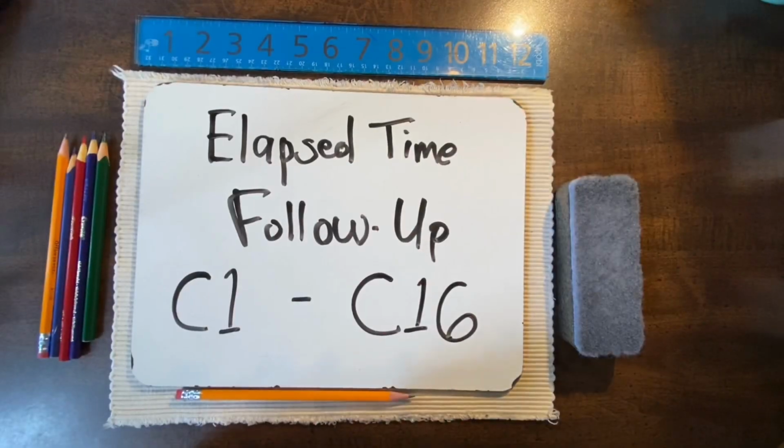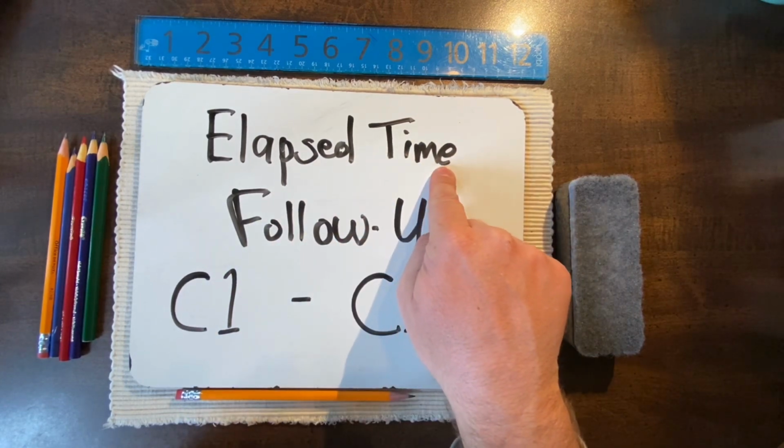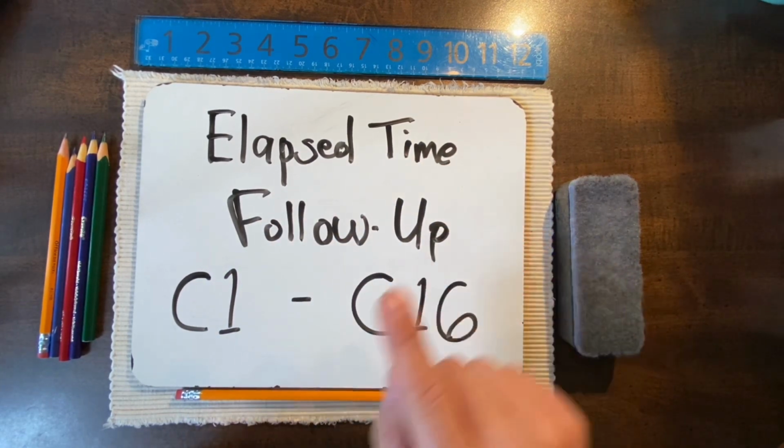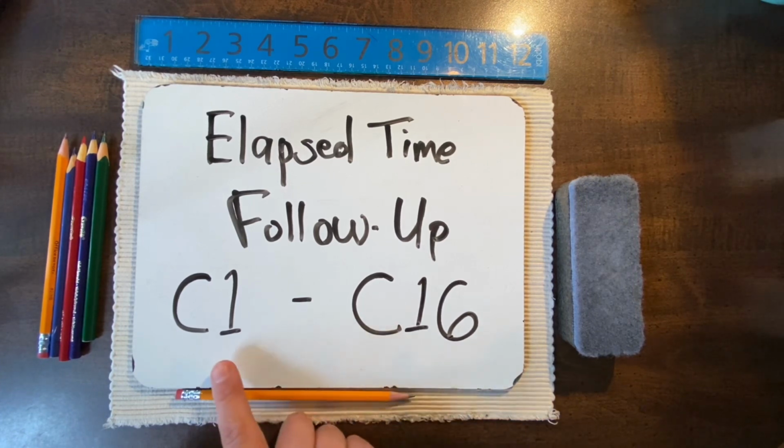All right, friends, thank you for joining our elapsed time video lesson. As a reminder, the elapsed time document is in Google Drive, and it has C1 through C16 elapsed time word problems. We are asking you to complete all of those. You do not need to print out these problems.